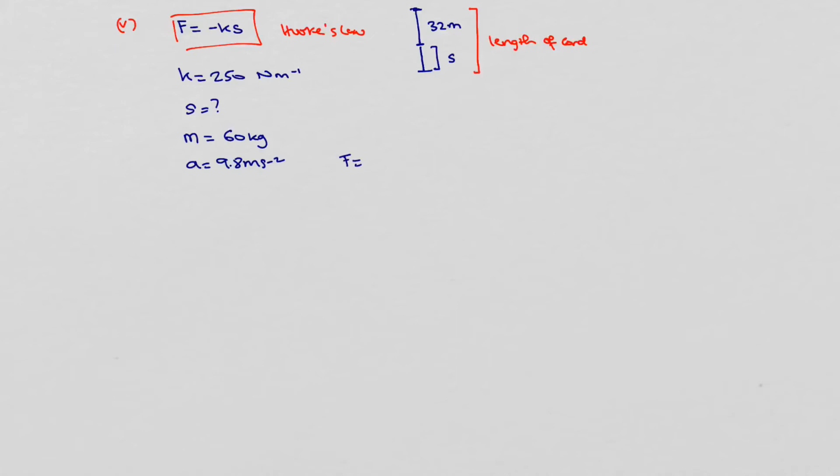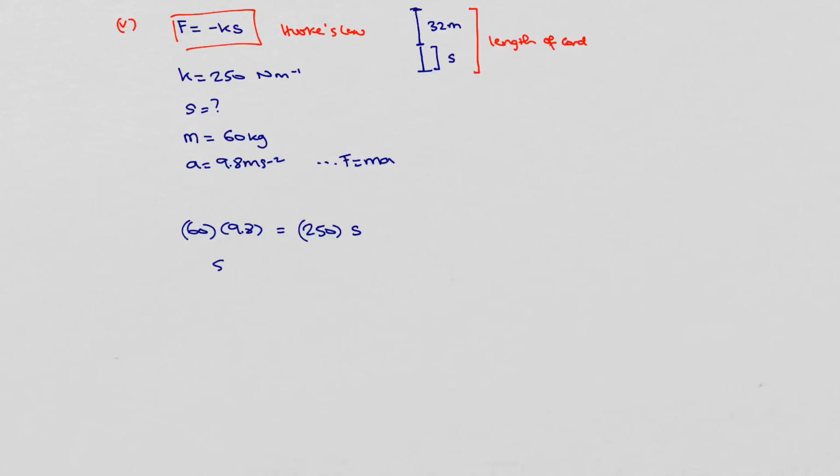So F equals ma. If we put our values in here, we have our mass times our acceleration is equal to our constant, which is 250 times S. And the negative value for S just means it's going back in the opposite direction.